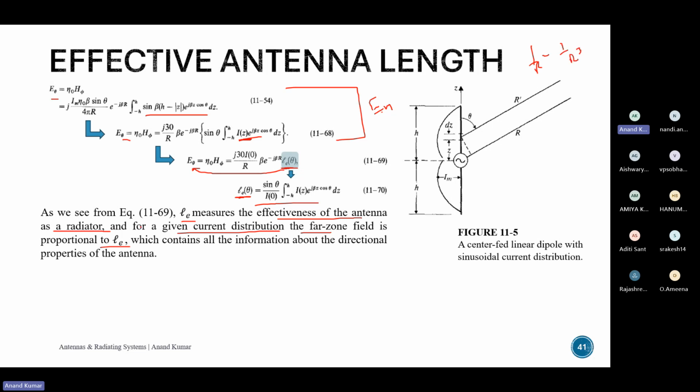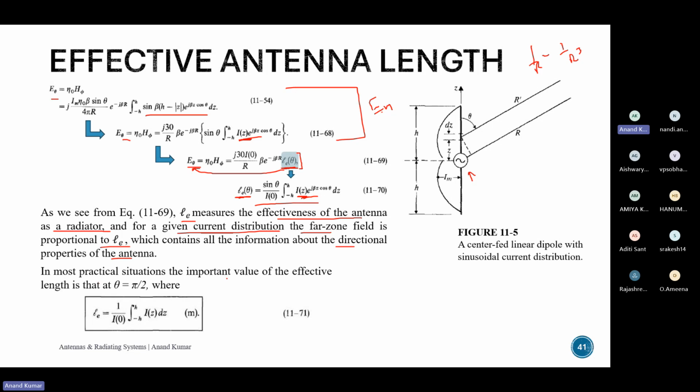So all the discussion is for the far field, and this electric field is a function of this expression which we are calling effective length, and this effective length is a function of the current distribution. So this current distribution will affect the electric field, and it also contains information about the directional properties of the antenna. So if this current distribution changes, the radiation properties will also change.